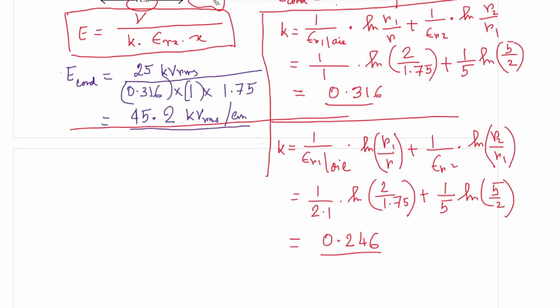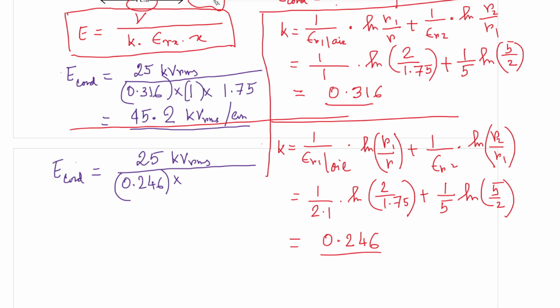Now for the second case, you start solving for the electric stress on the conductor. Again putting the same values, your V is 25 kV RMS divided by K, which is 0.246, multiplied by epsilon R1.